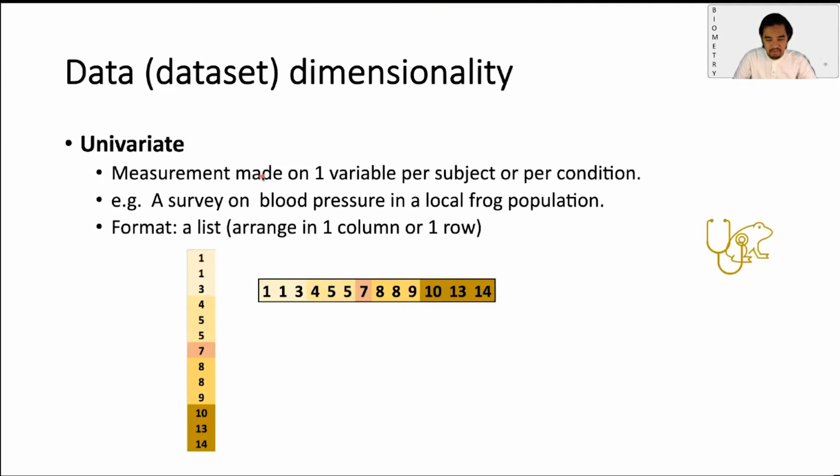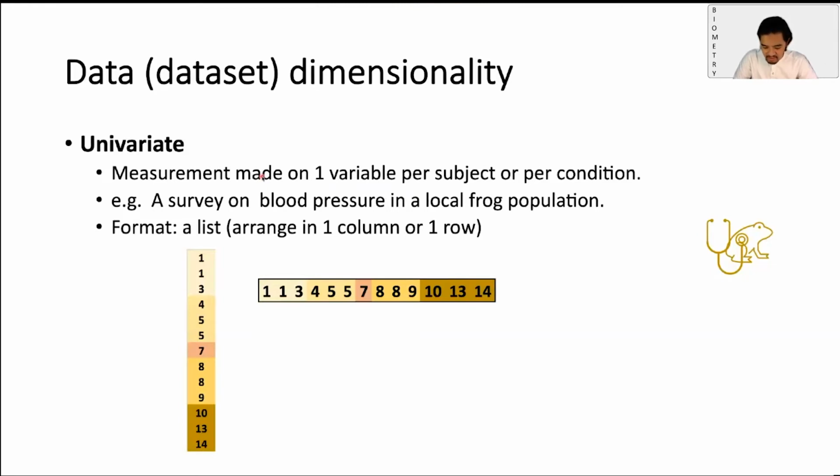Okay, so what is meant by univariate? Univariate is when you have your data and you only measure one particular condition or one particular subject. You only measure one variable. For example, you are only recording the blood pressure in the frog population in your local area.